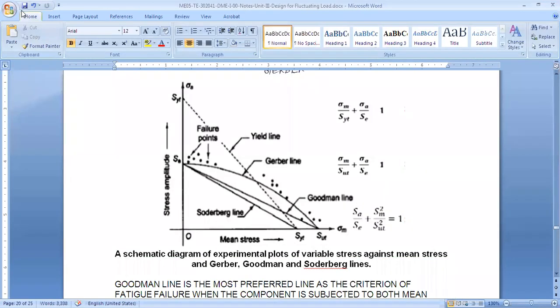So for the equation of the Soderberg line, the line which is most safe, the x-axis is sigma m, and the intersection with the x-axis is SYT for the Soderberg line. So x upon a will become sigma m upon SYT. Are you getting my point? Plus what is on the y-axis, sigma a upon SE.